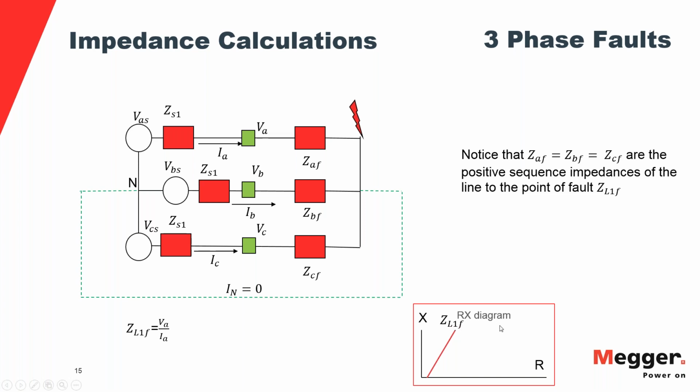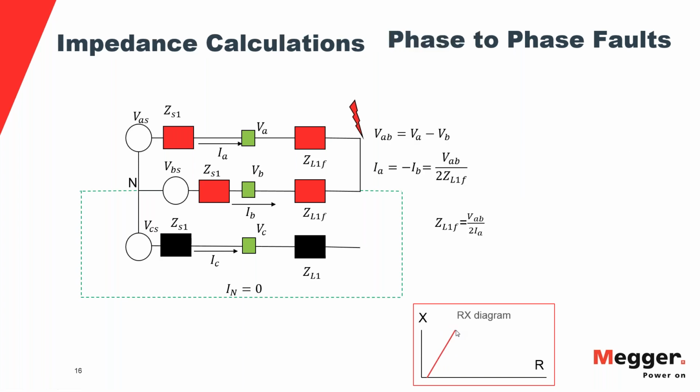Okay, now every representation on the R-X diagram will include the locus of the line, which is this one, and it will end at the point where we calculate the impedance to be. The impedance of the whole line would be longer, but the impedance to the point of the fault only reaches this point here.